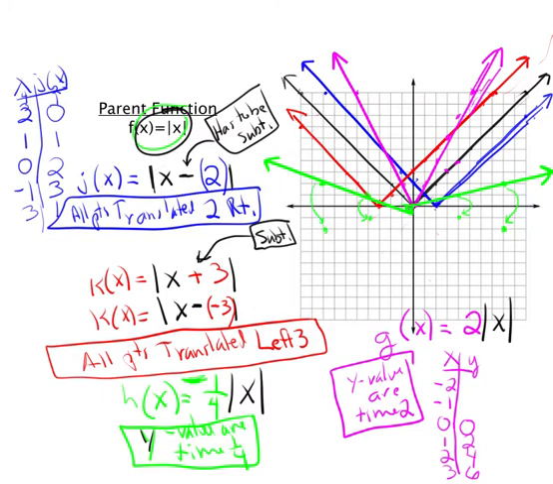So what happens to our function from the parent change is that it now becomes a reflection over the x-axis. So I'm going to change to a different color also on this one.